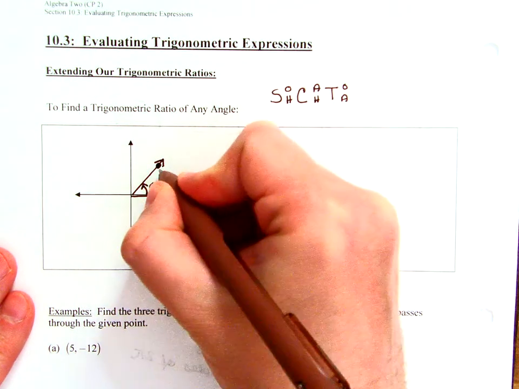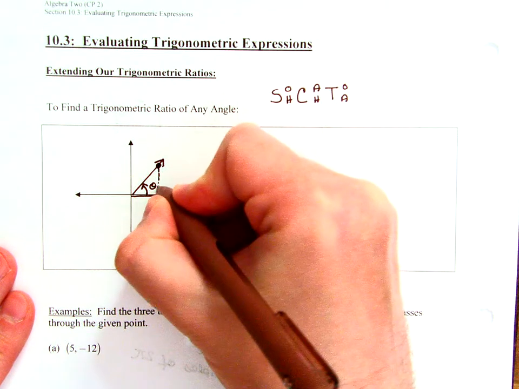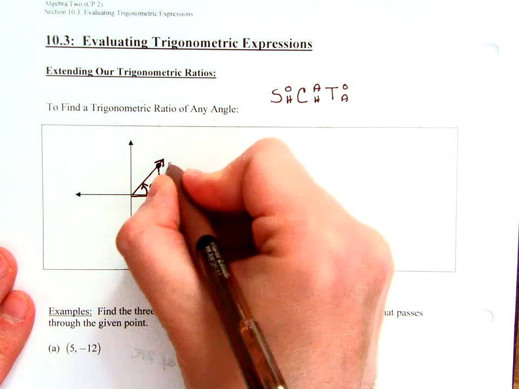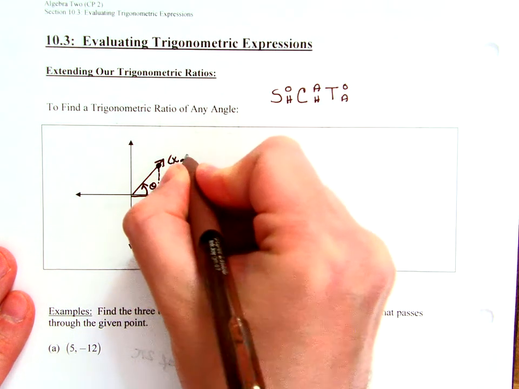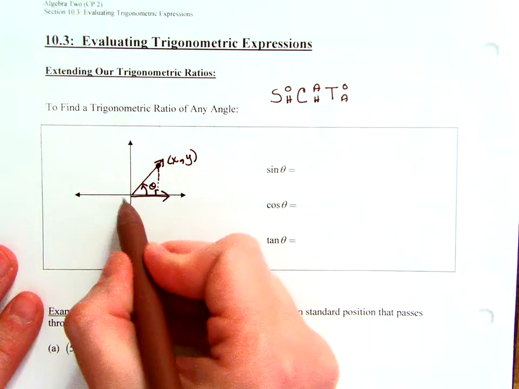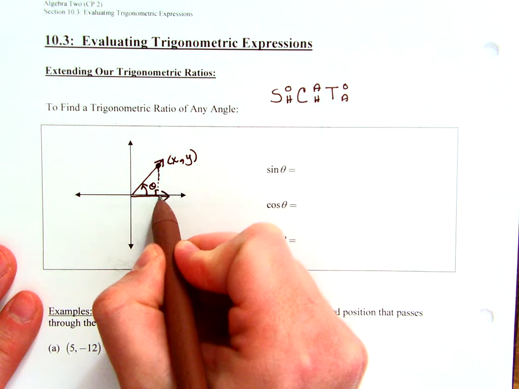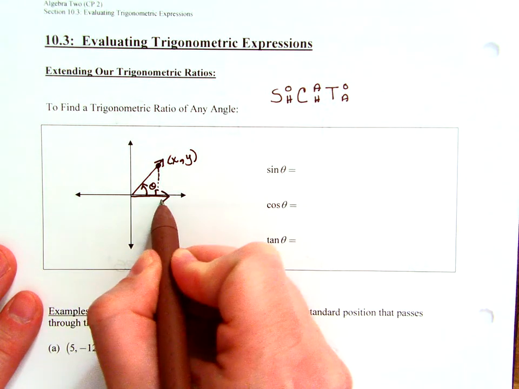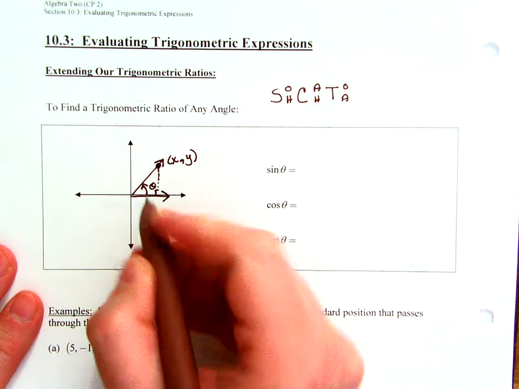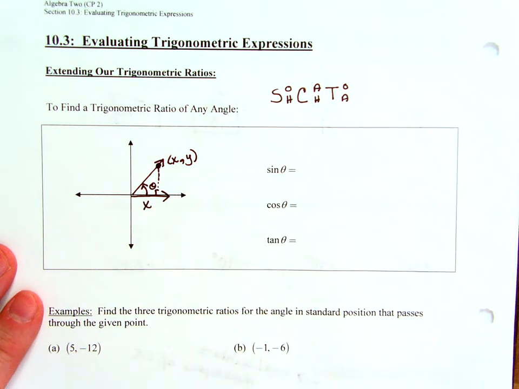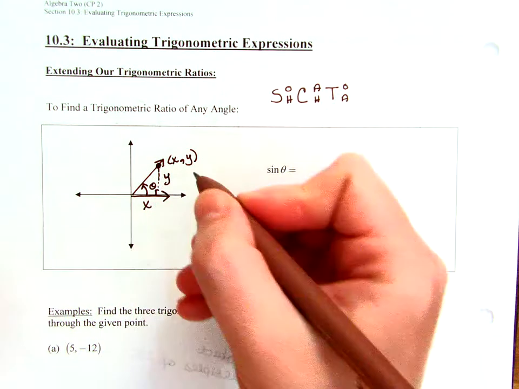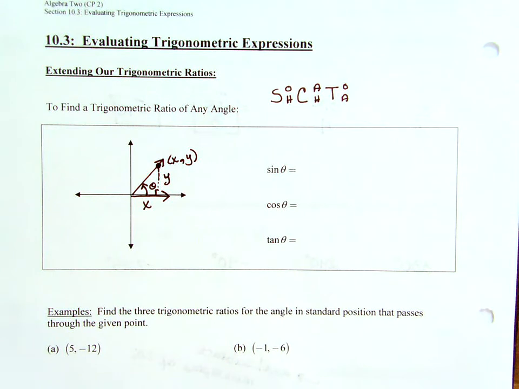I'm going to put a point over here, and I'm going to draw a little right triangle like that. That point is the point x, comma, y. This little right triangle that I drew out, what's the base of that triangle? Well, if the coordinates of this point are x, comma, y, the base of that triangle has got to be x. The height of that triangle then has got to be y, the y coordinate of that point.